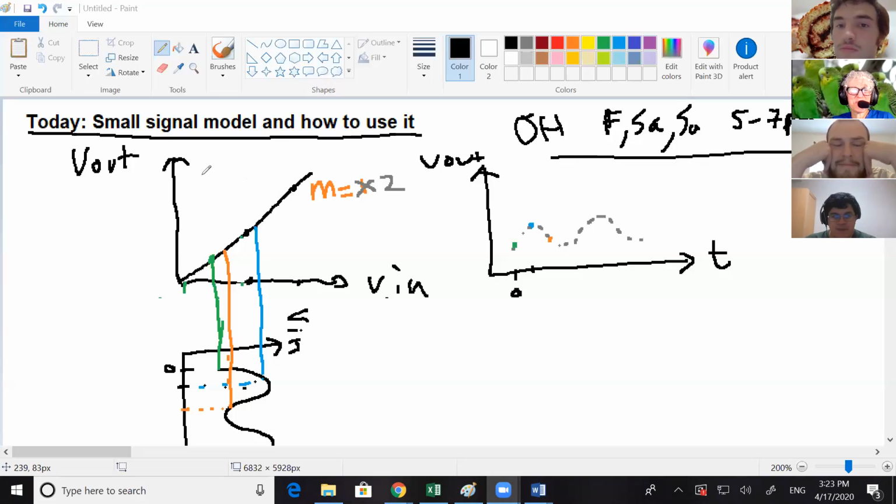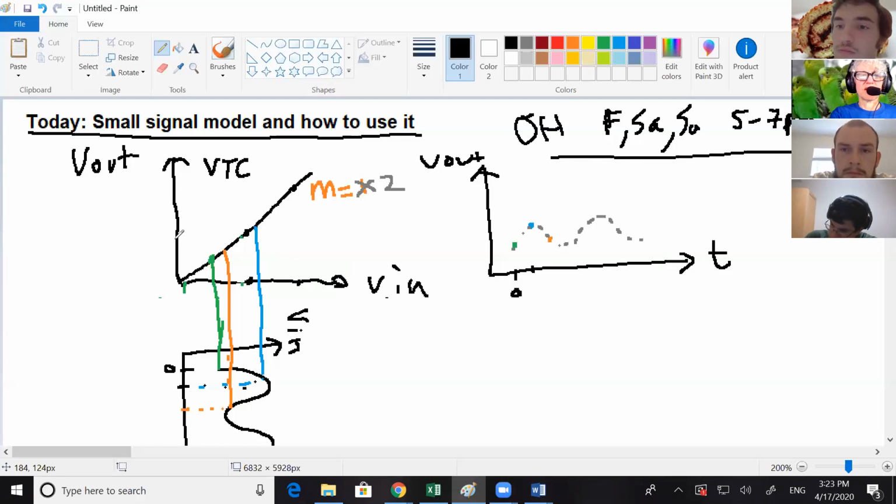Okay, so the first thing we looked at here is a VTC. Assume this is a VTC for some unknown circuit. The x-axis is V in, the y-axis is V out, and the transfer function is this line right here. I tried to draw a line.